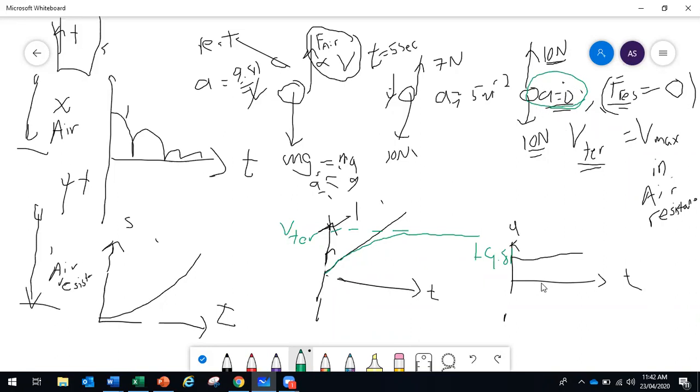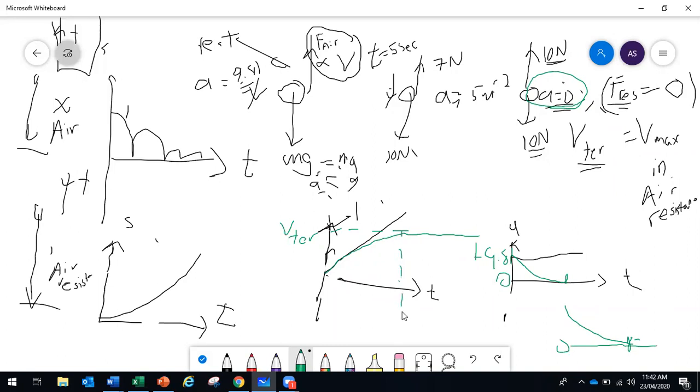So what does the AT graph look like with air resistance? From 9.81, it curves down and reaches 0. So the AT graph is going to curve down until it reaches 0. It must reach 0. The moment where it reaches 0 is the moment where terminal velocity is achieved.